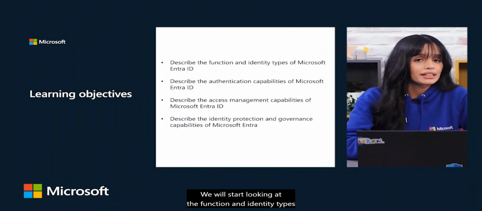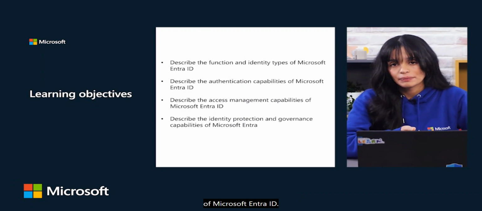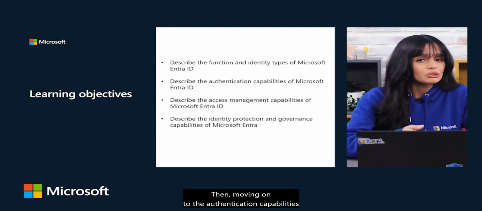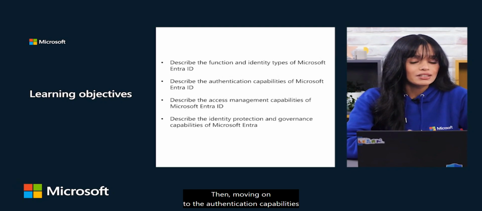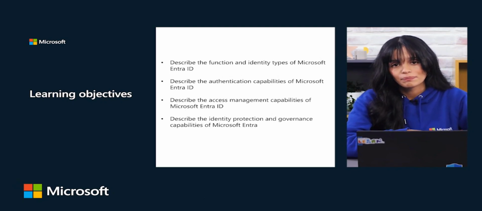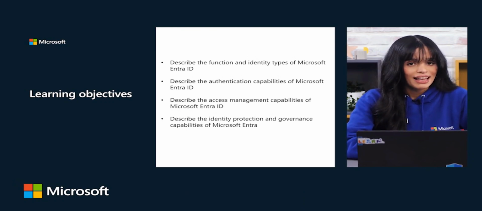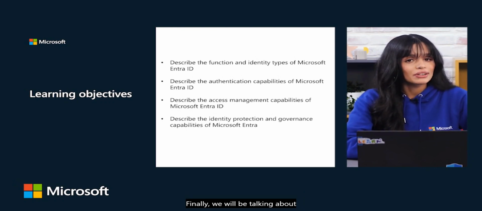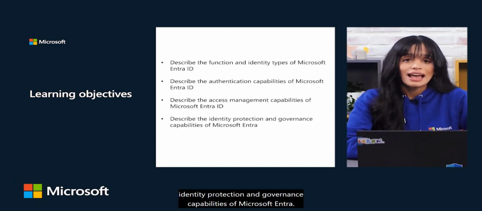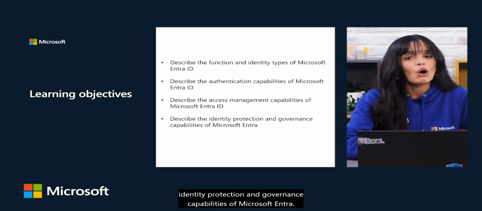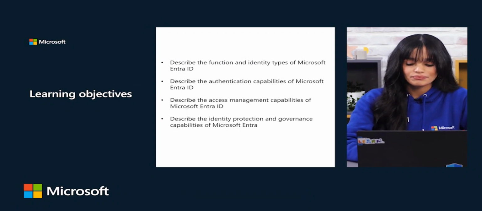We will start by looking at the functions and identity types of Microsoft Entra ID. Then, we move on to the authentication capabilities of Microsoft Entra ID, followed by access management capabilities of Microsoft Entra ID. Finally, we will be talking about identity protection and governance capabilities of Microsoft Entra.